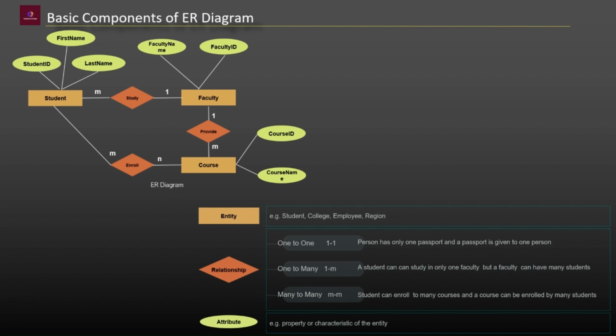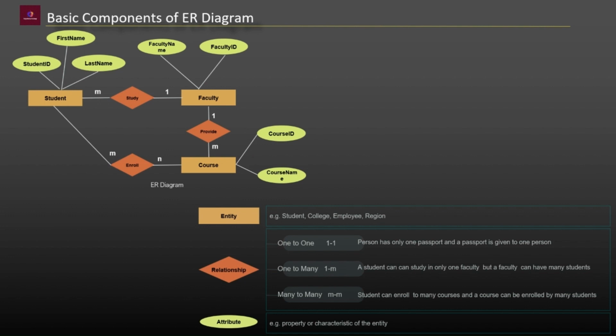So now we have our relationships in place, and you have noticed some characters over there as M, N, and 1. Relationships are described with cardinality. The cardinality defines the possible number of occurrences in one entity which is associated with the number of occurrences in another entity.